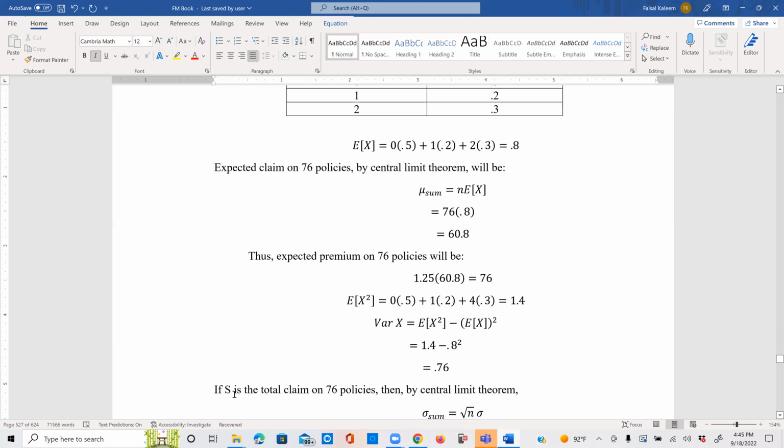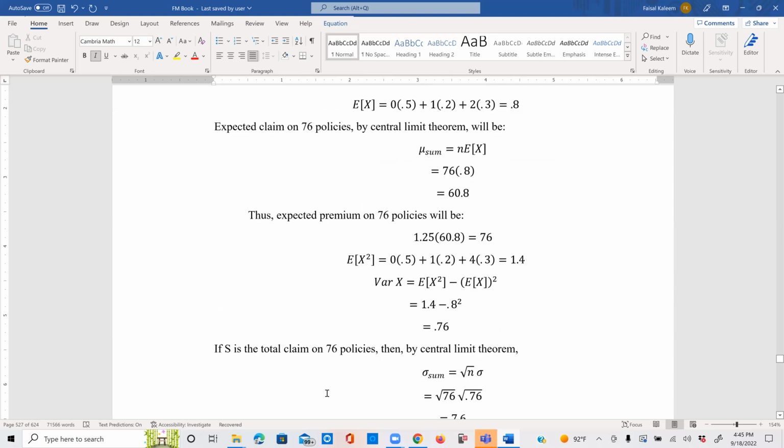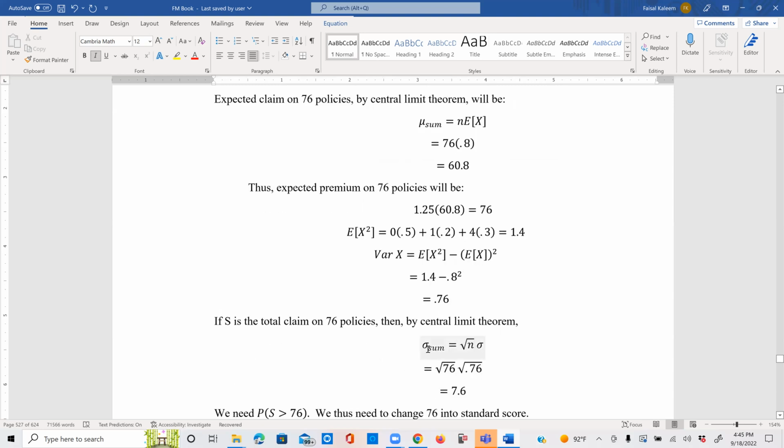And if we let S be the total claim on 76 policies, because remember, we have to find the probability that the total claim on 76 policies is exceeding the total premium. So if S is the total claim on 76 policies, then the standard deviation of the sum according to the central limit theorem equals square root of n times the standard deviation of a single policy.